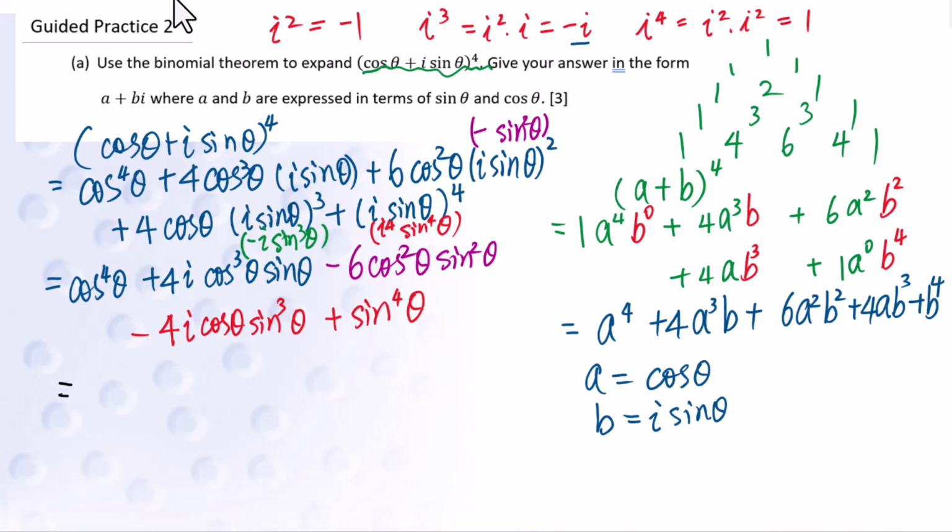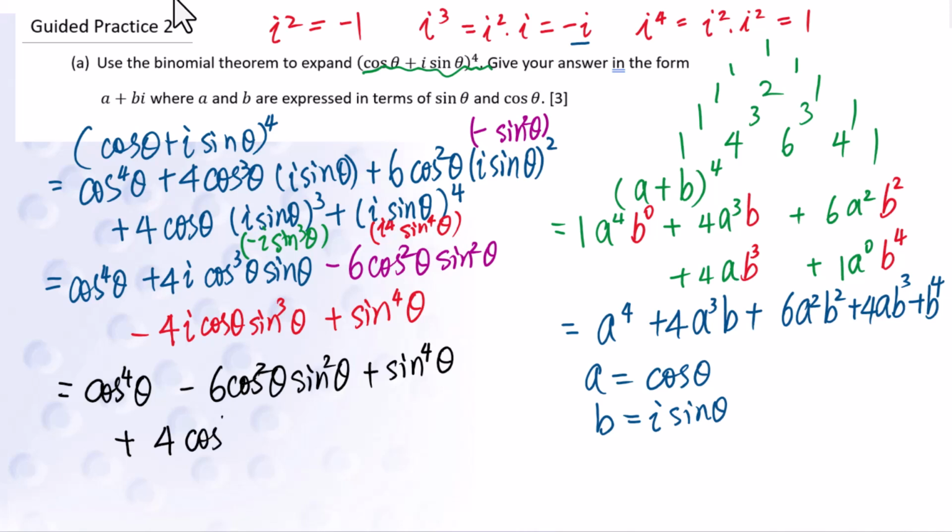We will put the real part of the complex number together. So we got cosine fourth power of theta minus 6 cosine squared theta sine squared theta plus sine fourth power of theta, plus 4 cosine cubed theta sine theta minus 4 cosine theta sine cubed theta, times i.